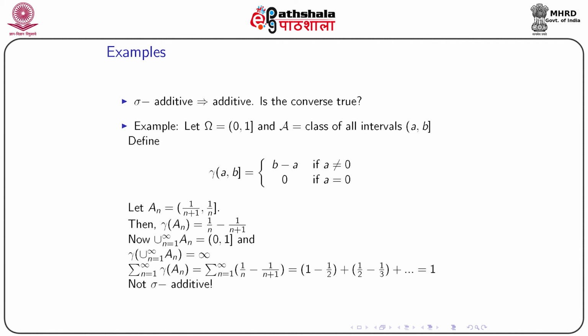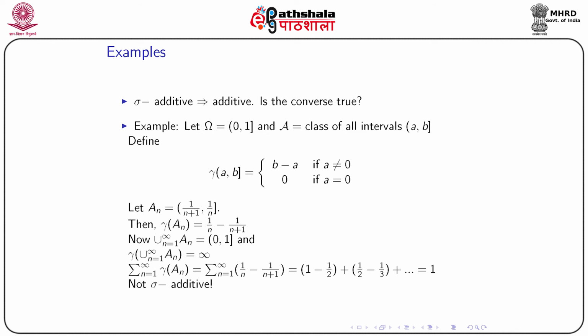Now, if I take the set function over this union, what will I be getting? Since the left element of that interval is 0, by definition of the gamma function, it is infinity. So, gamma of the union over n from 1 to infinity of A_n will be infinity. Now, look at the sum. It is to be noted that A1, A2, A3 are all disjoint intervals.